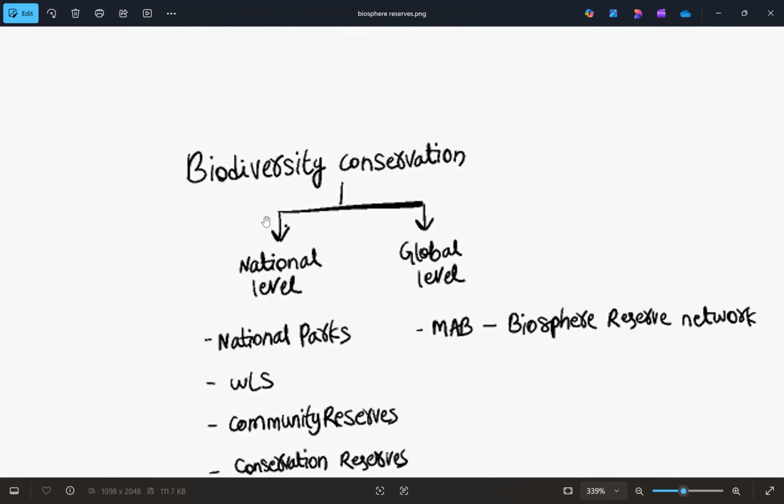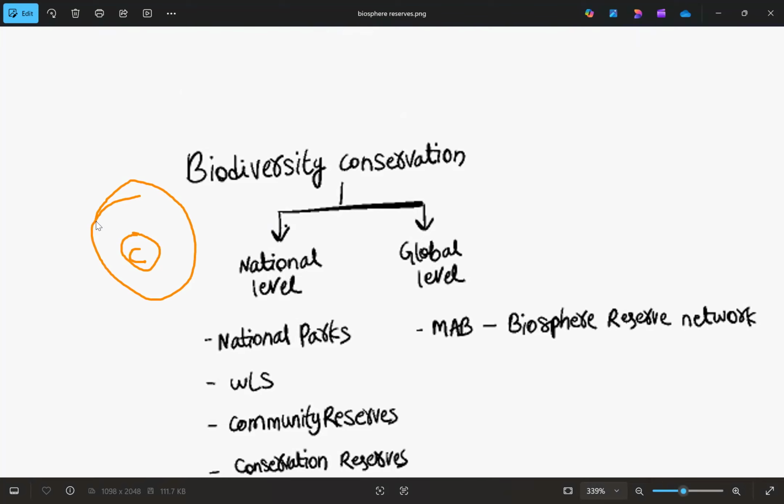And also there is restriction. You need to have permission from someone called the chief wildlife warden to roam into national parks. So in national parks also we have areas. The first one is the core area, where no one is permitted to enter. And we have certain activities that are permitted through the warden, like ecotourism, education and research.